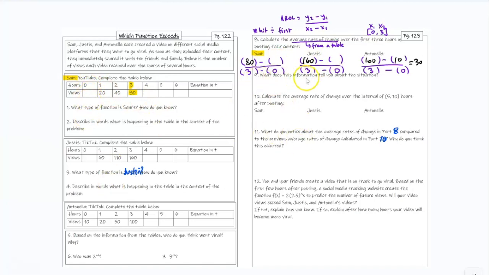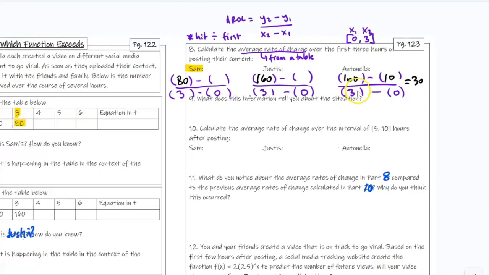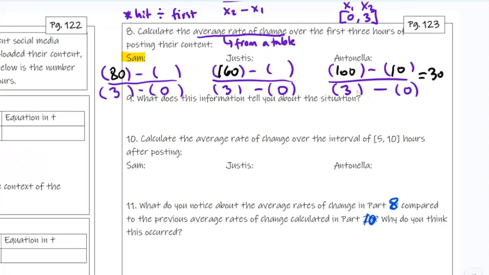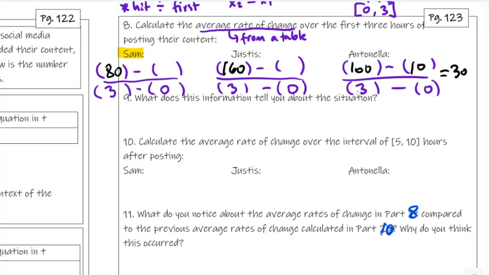All right, what does the information tell you about the situation? So what does the average rate of change over the first 3 hours actually mean? So average rate of change, it means the average number in the context of the problem, the average number of views, because it's a TikTok video, per hour for the first 3 hours.